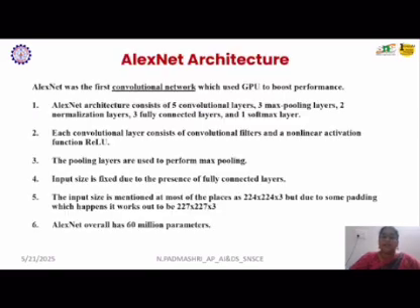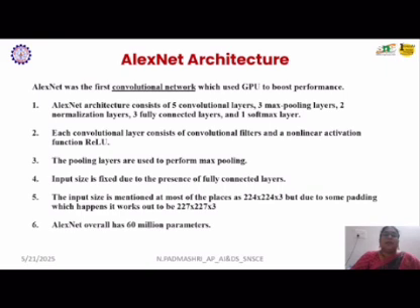What is this AlexNet architecture? It was the first convolutional neural network which mainly used a GPU, graphics processing unit. So why is this graphics processing unit used in the AlexNet architecture? We all know that a convolutional neural network mainly processes images, that is the pixel data.